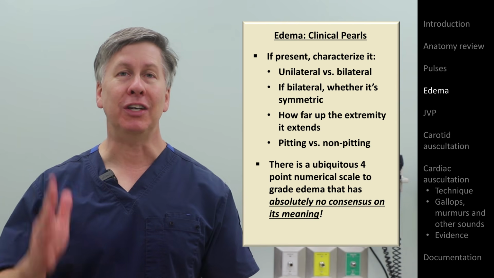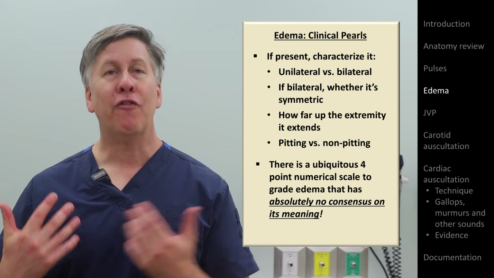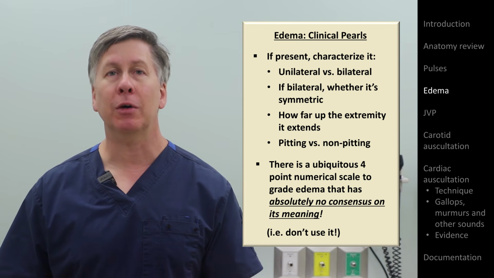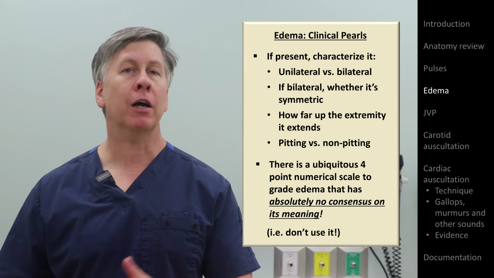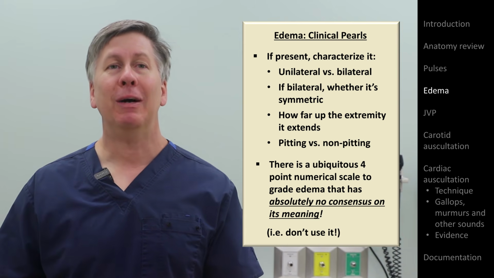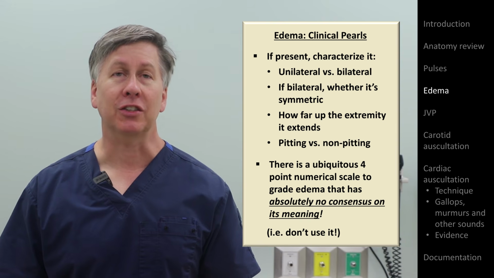I've heard all of these over the years, and yet virtually no formal physical exam reference mentions any of them. So despite its near ubiquitous use in practice, I actually recommend avoiding use of the 4-point edema scale, and instead you should describe edema with general words like mild, moderate, and severe, which are equally vague, but don't falsely imply agreement on definitions, which the scale does.